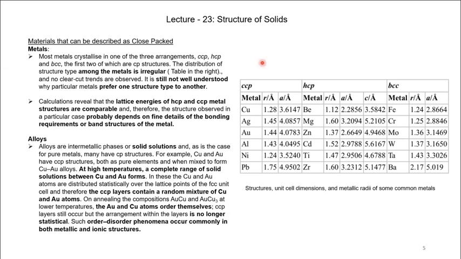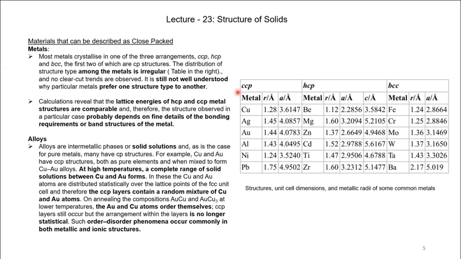So for metals, we will see that most metals crystallize in one of three arrangements: either cubic close packed structure, or hexagonal close packed structure, or body-centered cubic structure. The first two are close packed, but the body-centered one is not close packed. We mentioned it in the earlier slides.